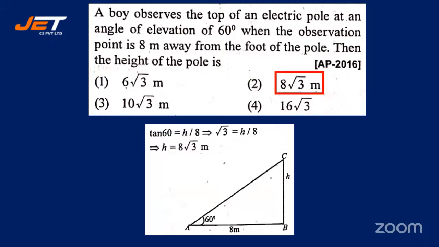All right, so see here, you can see this h by 8, which is tan 60. Tan 60 is nothing but root 3. Thereby, you get h is equal to 8 into root 3.